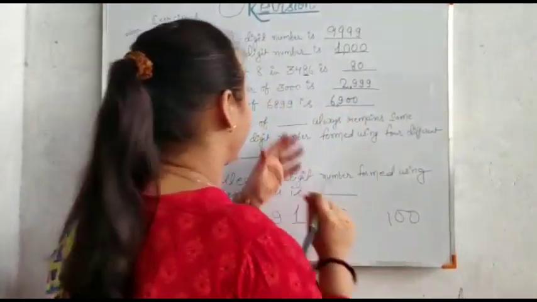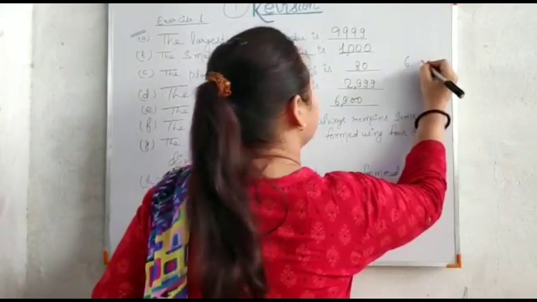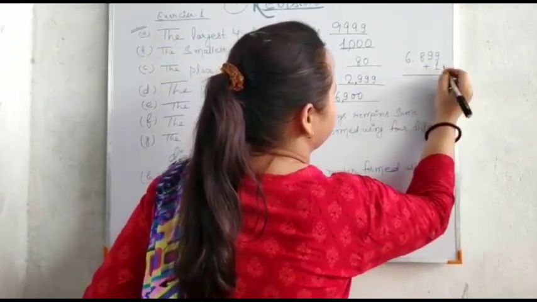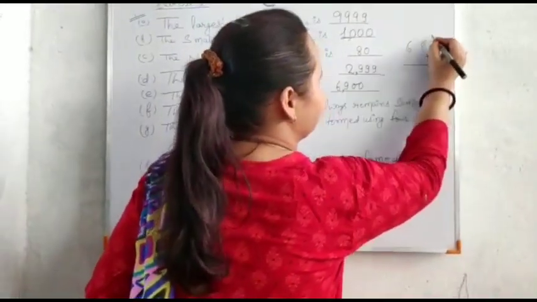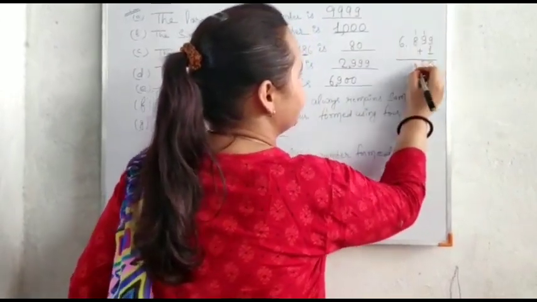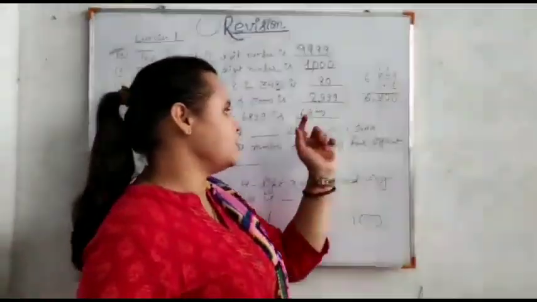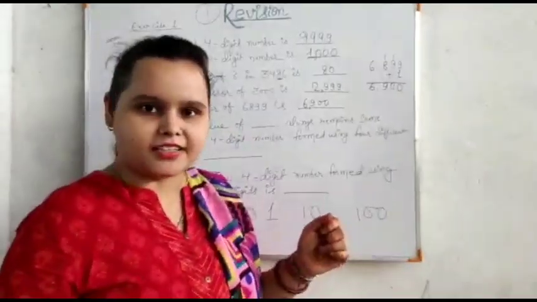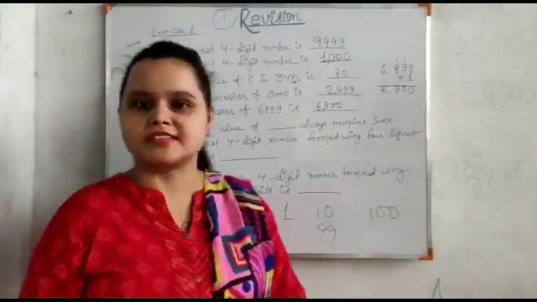When we add 1 to 6899: 9 plus 1 is 10, 10 plus 0, carry 1; 9 plus 1 is 10, carry 1; 8 plus 1 is 9; and the 6. It means that 6900 is the successor of 6899.